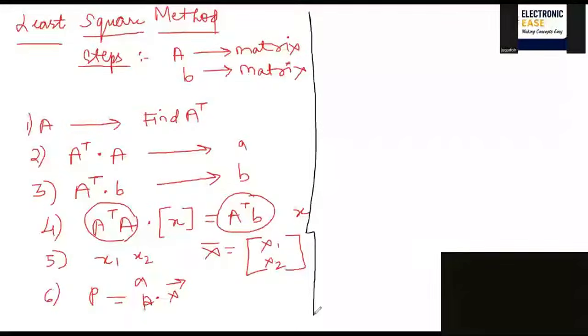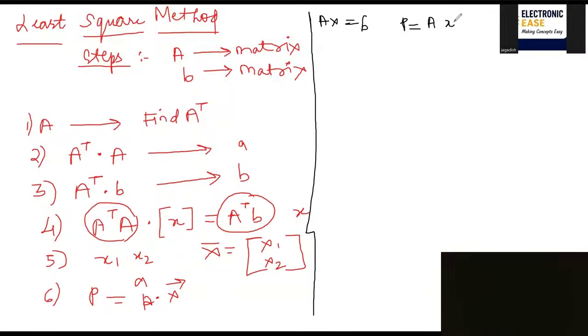So solve, children. I'm giving the question. Solve AX is equal to B by the least square, and find P is equal to AX.